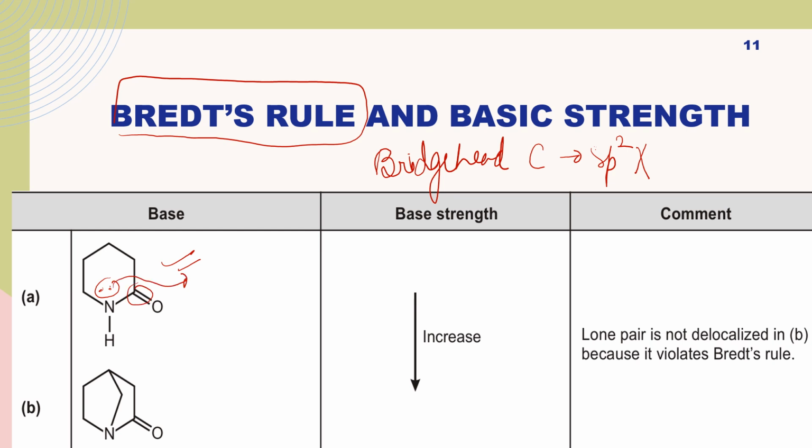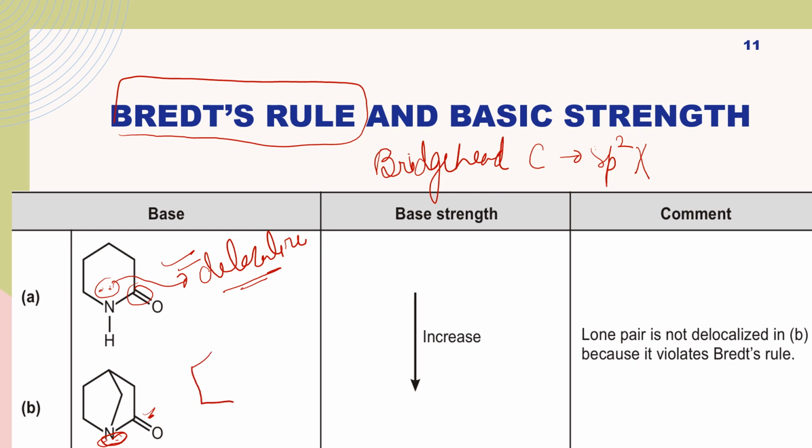Because it can delocalize, it is not easily available. So it is less basic. But we cannot delocalize the lone pair of the nitrogen atom of compound B with this oxygen pi bond.